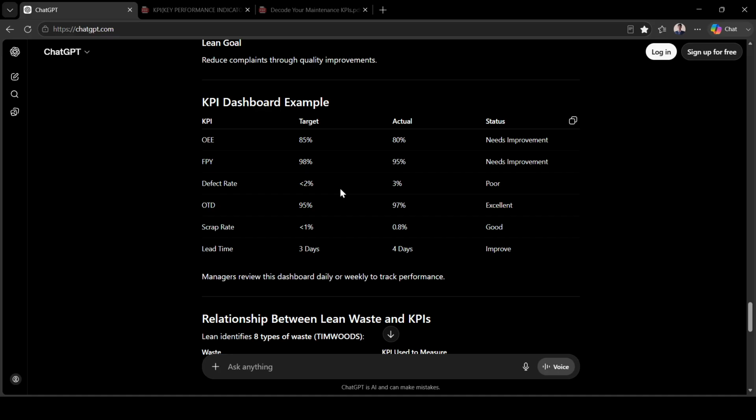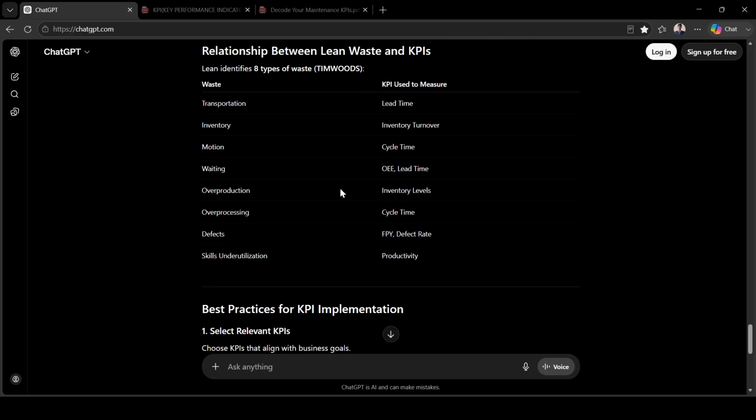Defect rate target less than 2%, actual 3%, poor. OTD target 95%, actual 97%, excellent. Scrap rate target less than 1%, actual 0.8%, good. Lead time target 3 days, actual 4 days, needs improvement. In the manager's view, this dashboard is used daily or weekly to track performance.